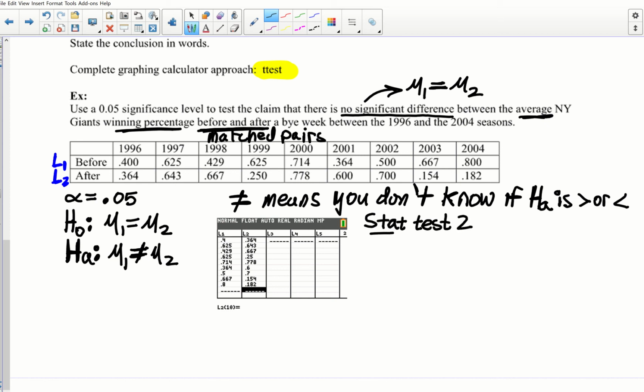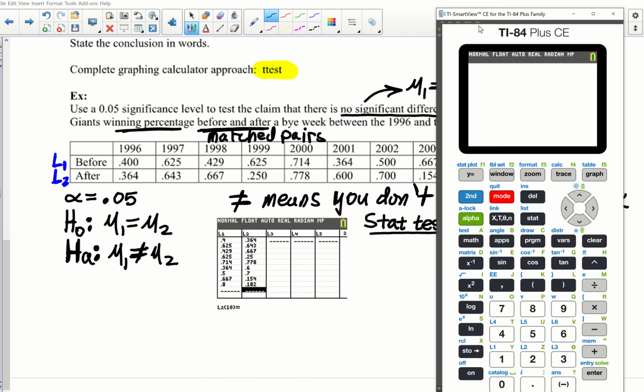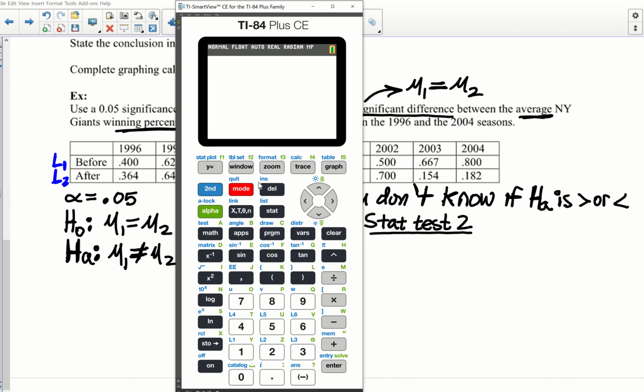So stat test 2. So over to test, option 2, number 2.